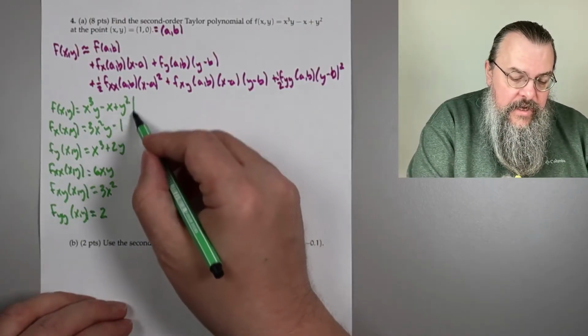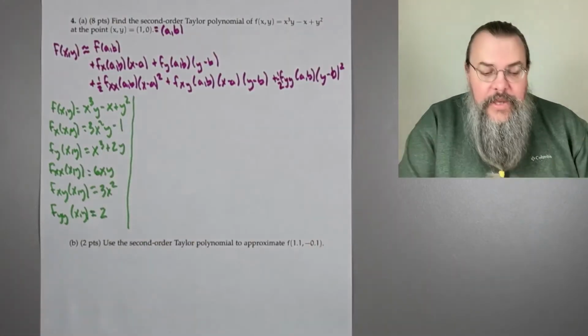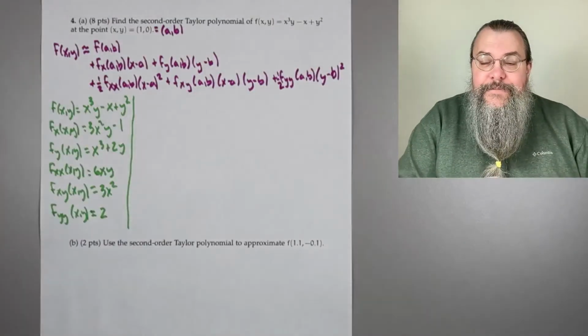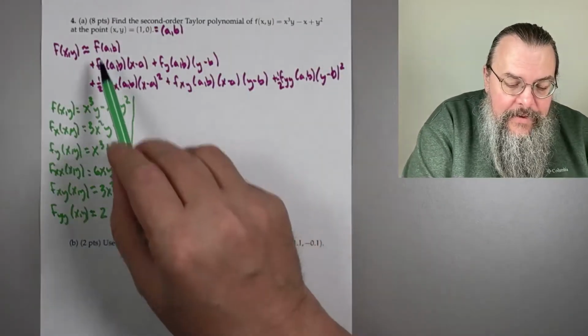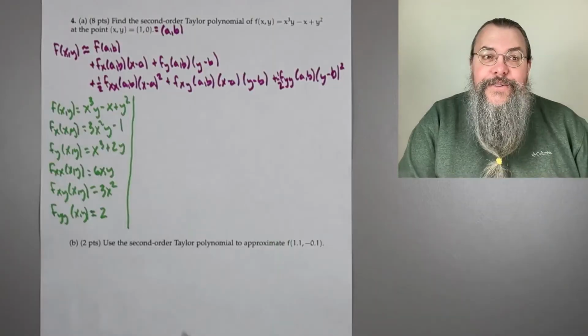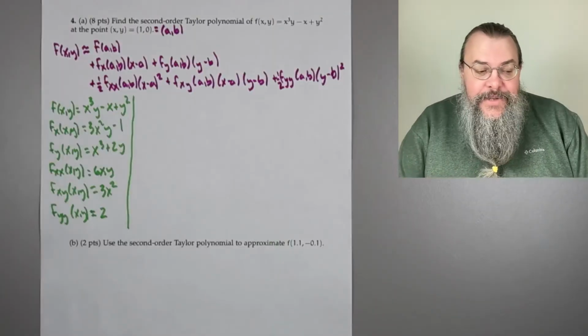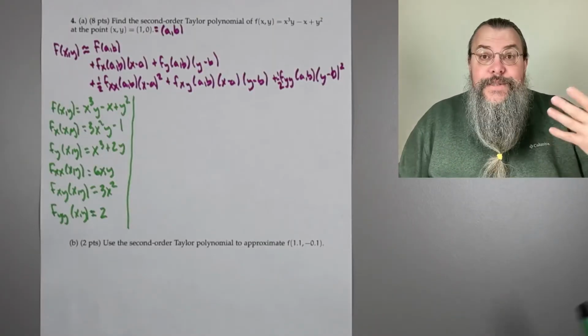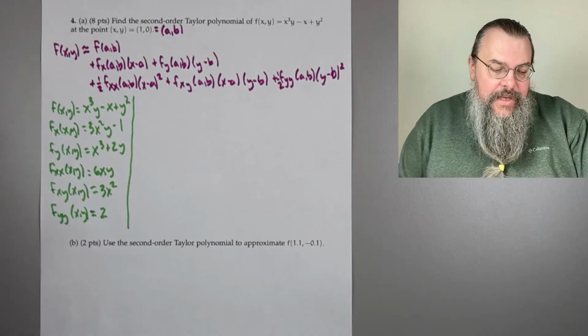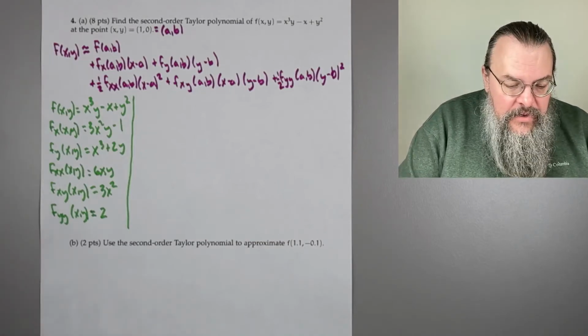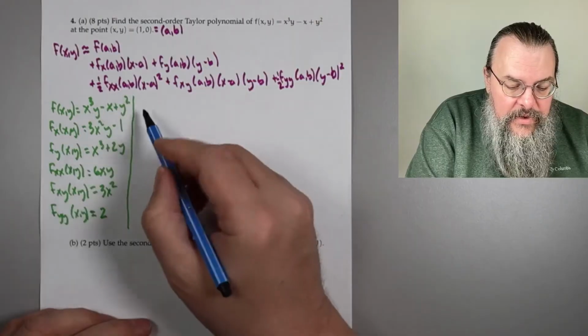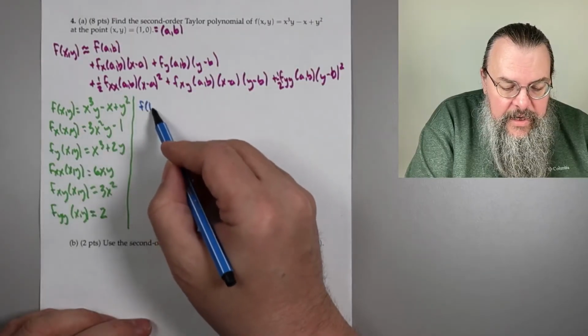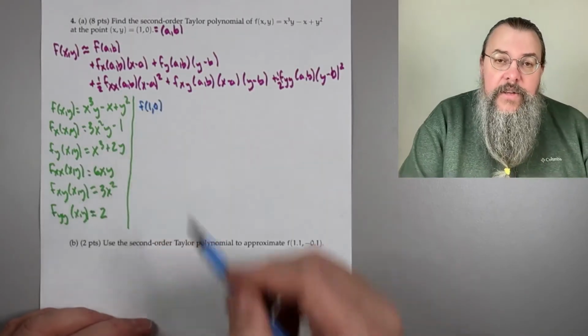Now, these are not what we plug in. Because notice, these are all evaluated. These are numbers. So now, after we found the partial derivatives, the next thing is plug in. Okay, so here we go. So we're plugging in (1, 0). So everywhere where you see an x, you put a 1. Everywhere you see a y, you put a 0.